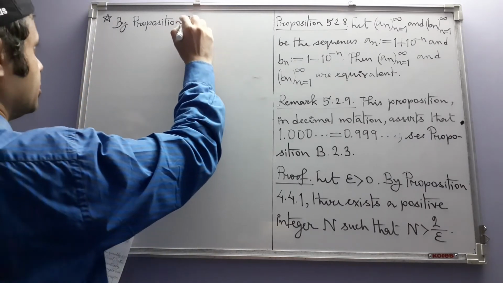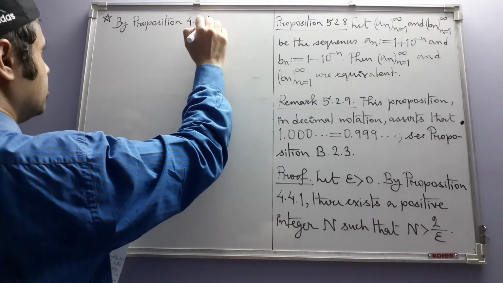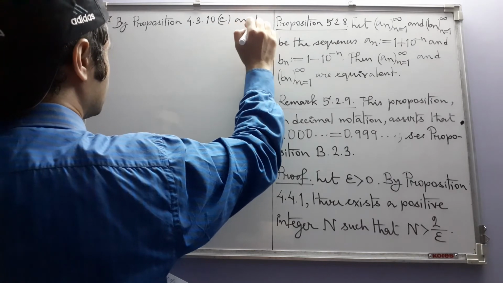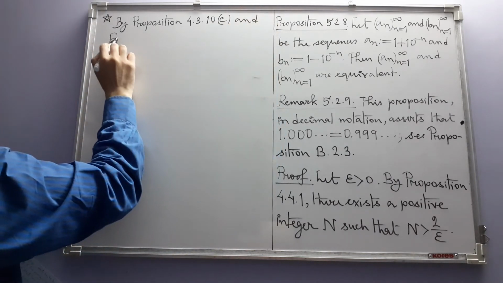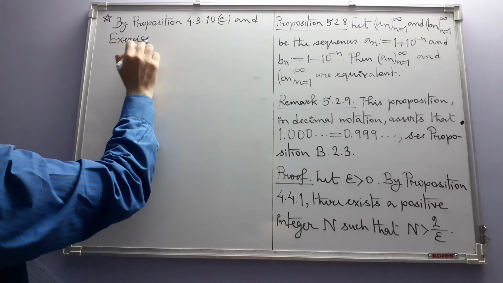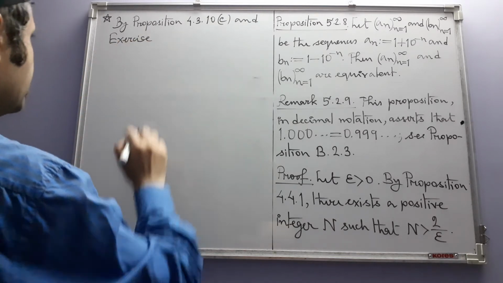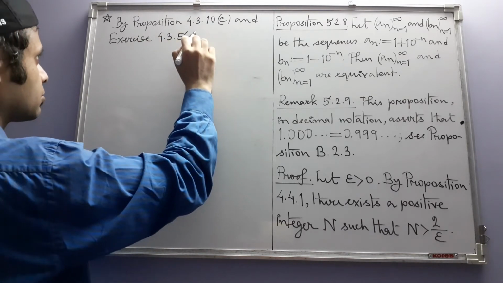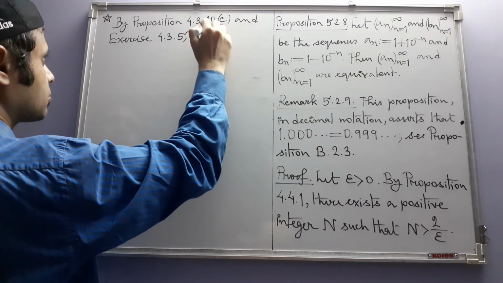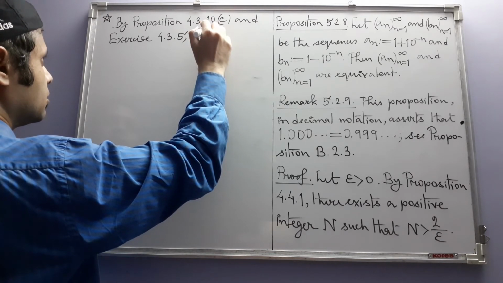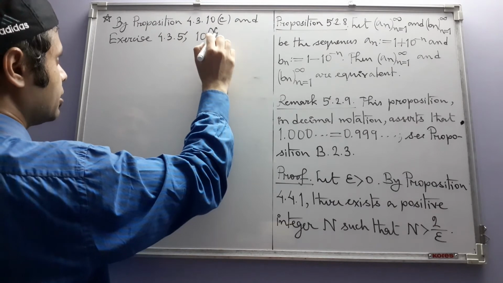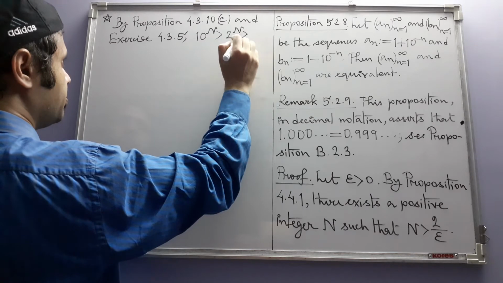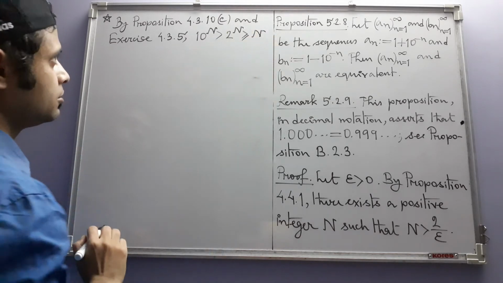So this is proposition 4.3.10, that too it's part C, and exercise 4.3.5. Ten to the power n is greater than 2 to the power n. 2 to the power n is greater than or equal to n.